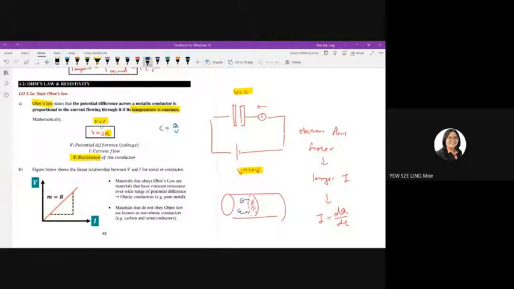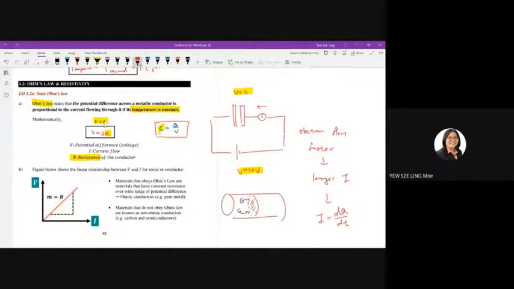If you change I, you change V, but R is constant. So resistor and capacitor are very similar in terms of the concept and the equation. The equation for a capacitor is C equals Q over V, but Q and V don't affect the value of C. If you change Q, you change V. If you change V, you change Q.